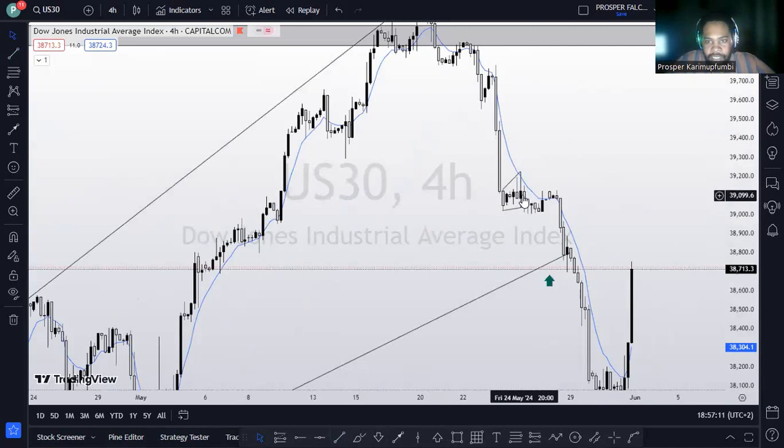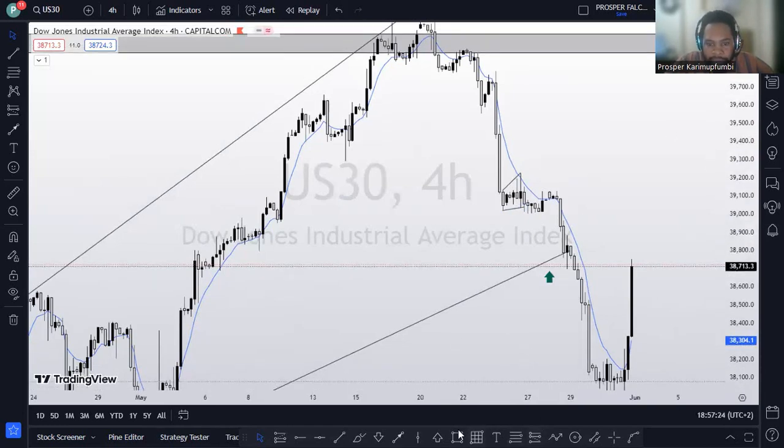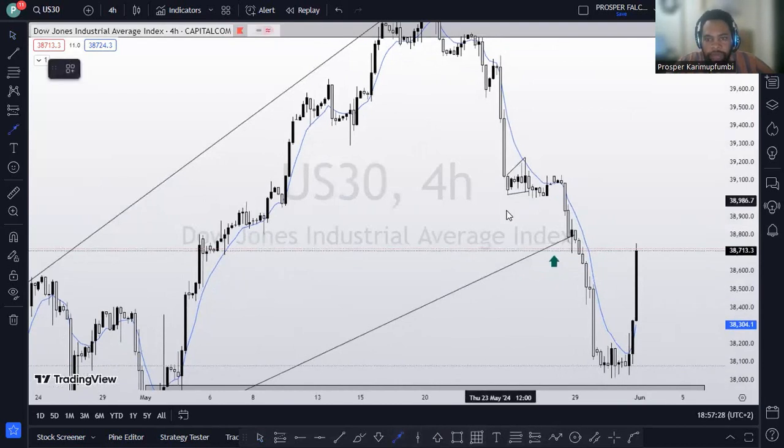So this is what I did. What I was expecting here was for US30 to short from this point, because when I came, it was actually around this point.